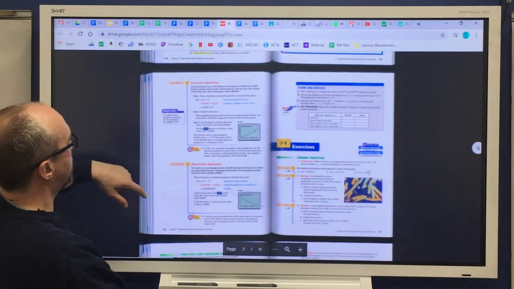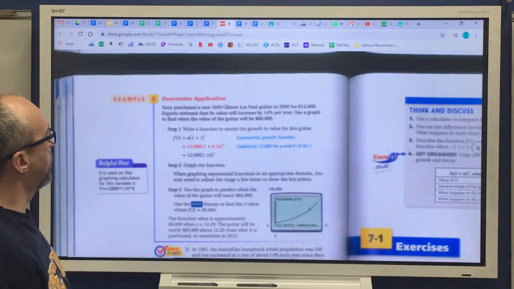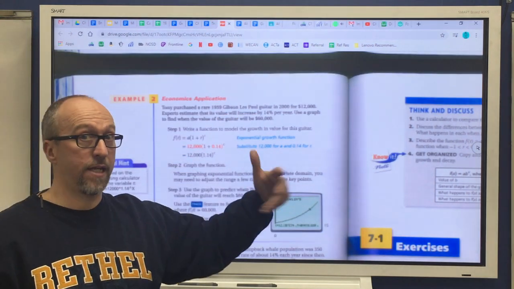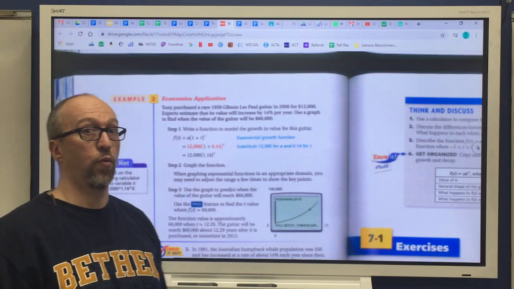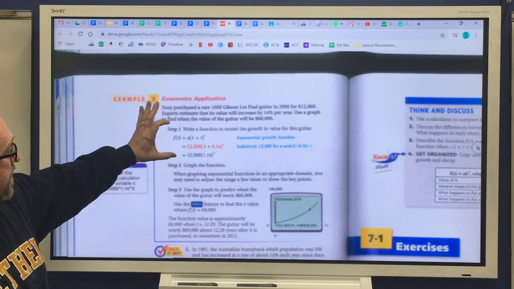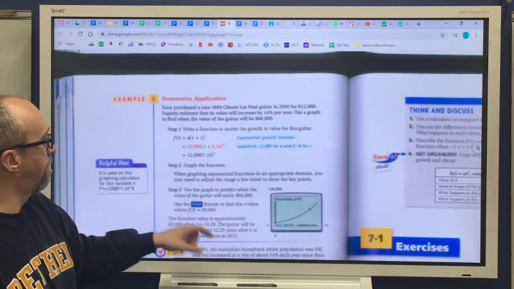Then we talked about particular examples, like here's one in the book where they're talking about a guitar. It was worth $12,000. It actually gains value at 14% a year. So 1 plus 0.14, and that is the equation that gives us the value of that guitar over time.